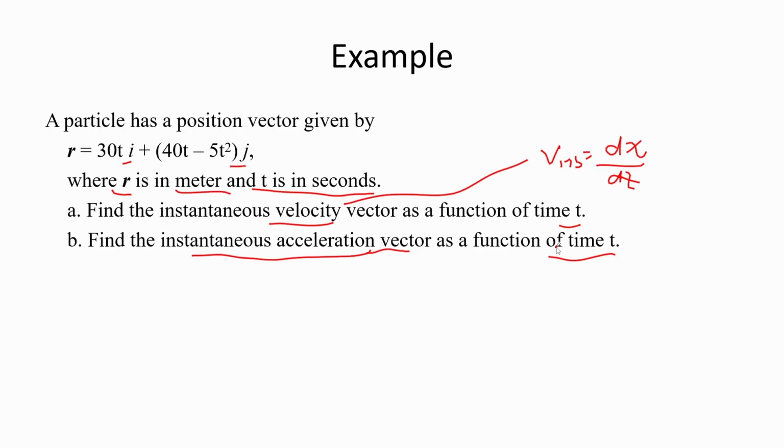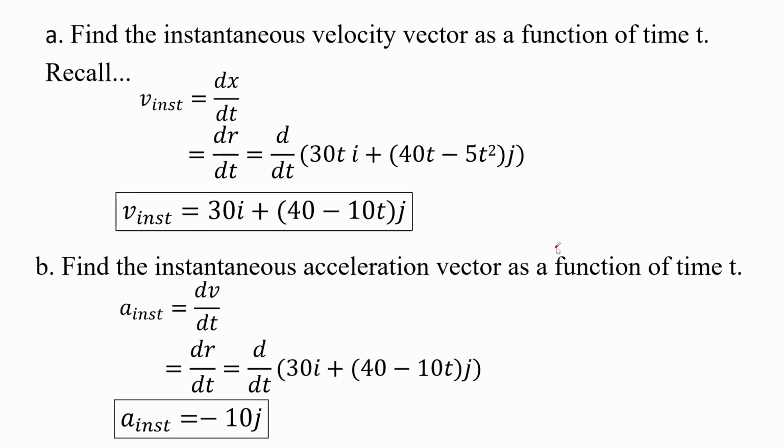Okay, so I will let you guess later, or no, actually I will show you later, the derivative function for the instantaneous acceleration. Here it is. So for letter A, find the instantaneous velocity, we use this dx/dt. The x here refers to the position r, so dr/dt.